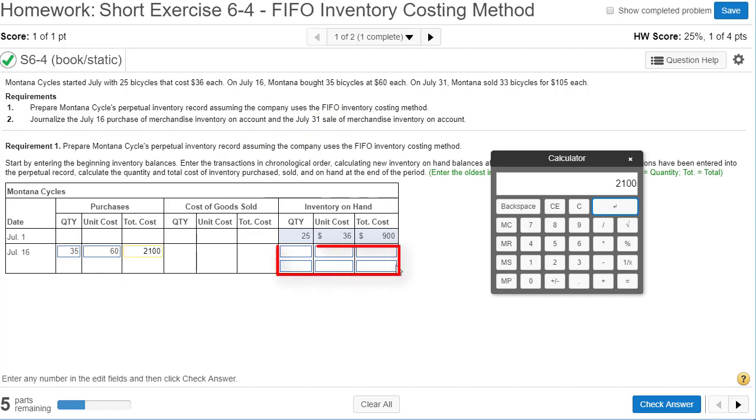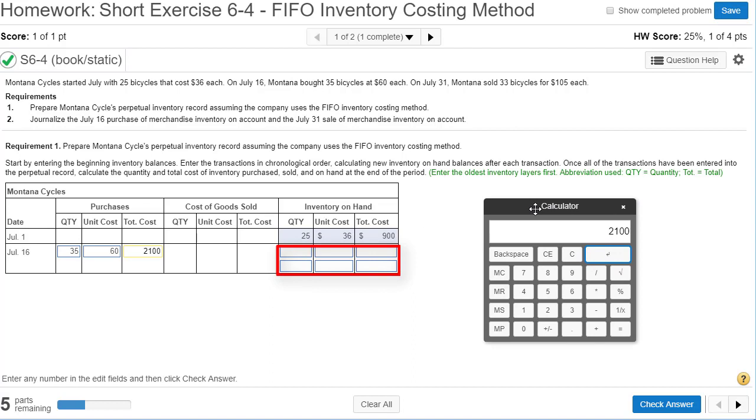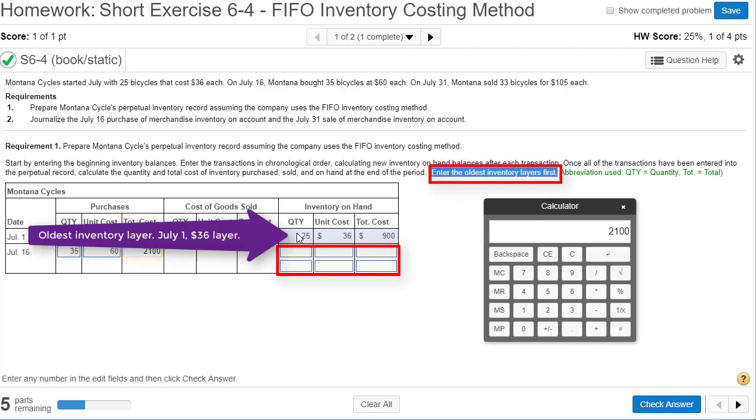Now over here in the inventory on hand columns, we have to list our inventory. Now remember the instructions said enter the oldest inventory layers first. So this is the previous layer, so we have to bring that down first because that's the oldest layer. We would call this the $36 layer because that's how much it cost us each.